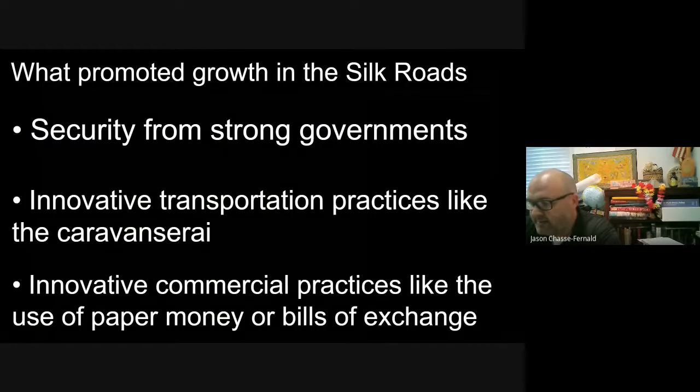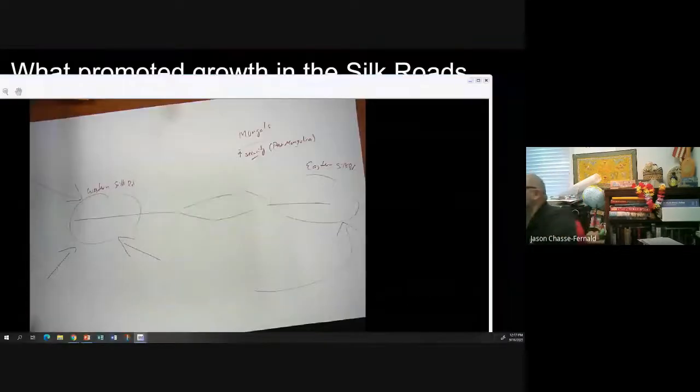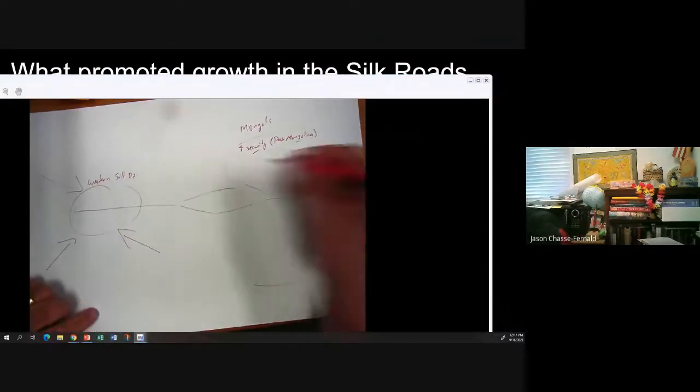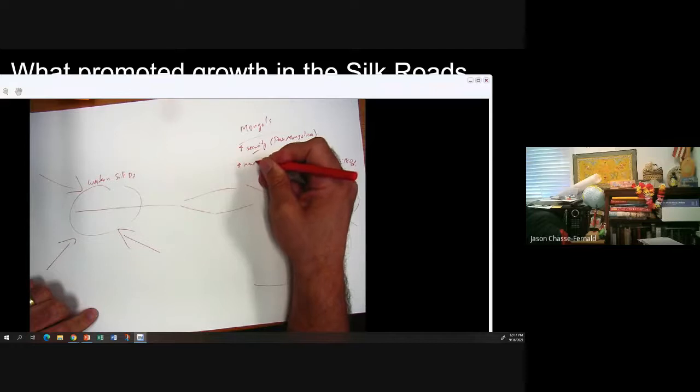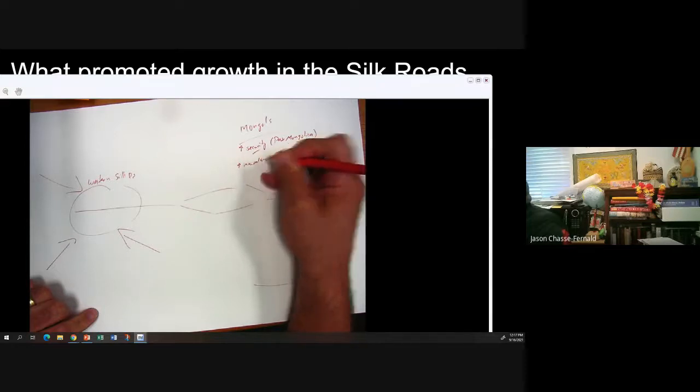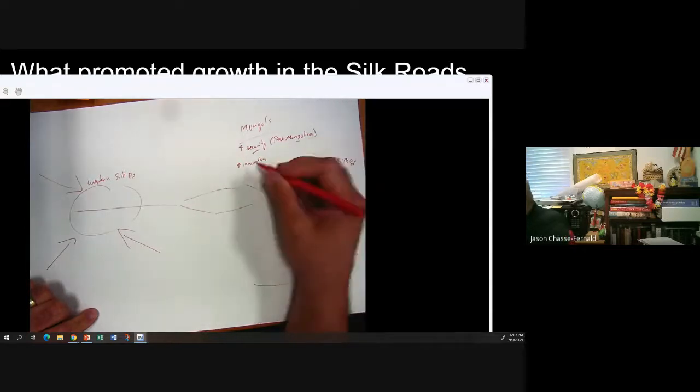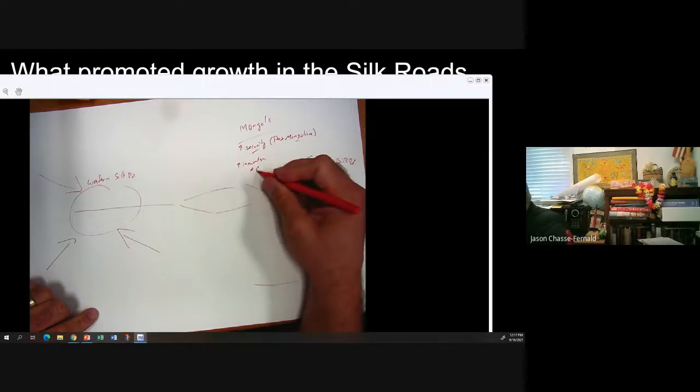So we see that Mongolian peace. We're also seeing an increase in new innovations, these transportation innovations. The big one of the day is Caravanserai.